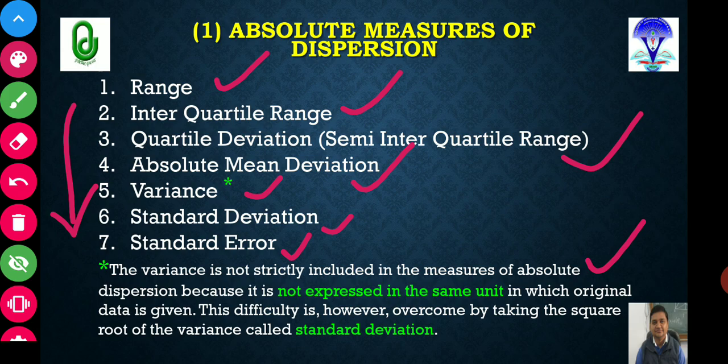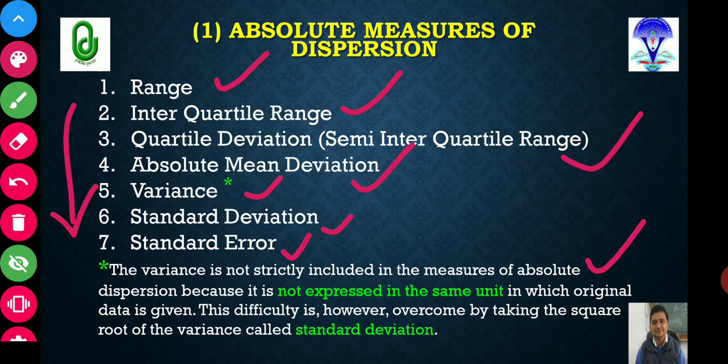When I say that an absolute measure of dispersion means the unit of measurement is equal to the unit of measurement of the original observation, but if you see the variance, the unit of variance is the square of the unit of measurement of the original observation. So actually this variance is not an absolute measure of dispersion, because here the unit is squared.